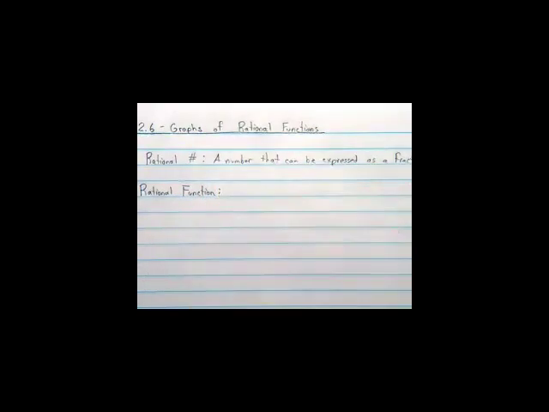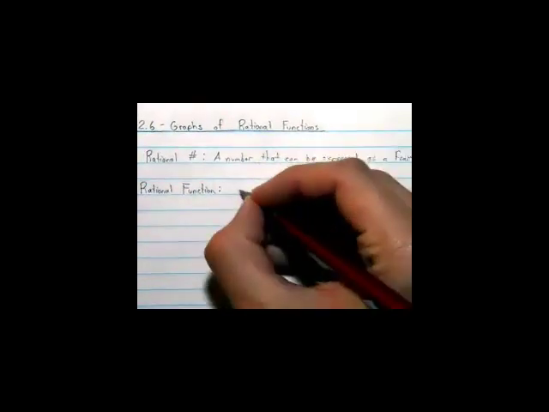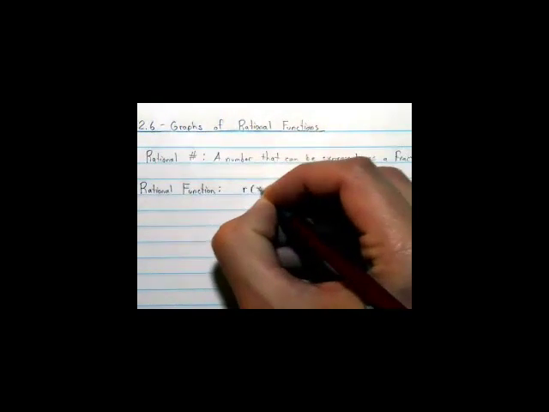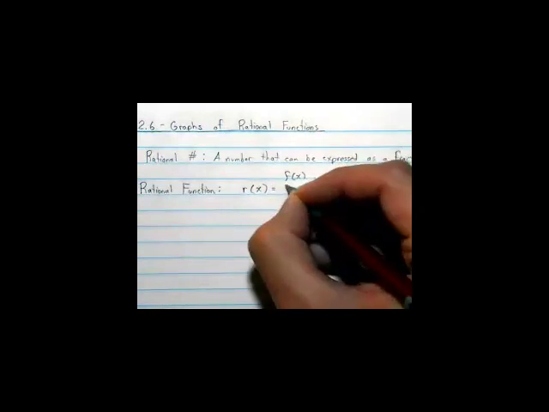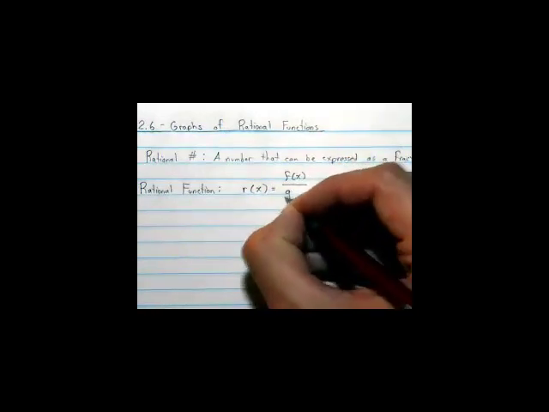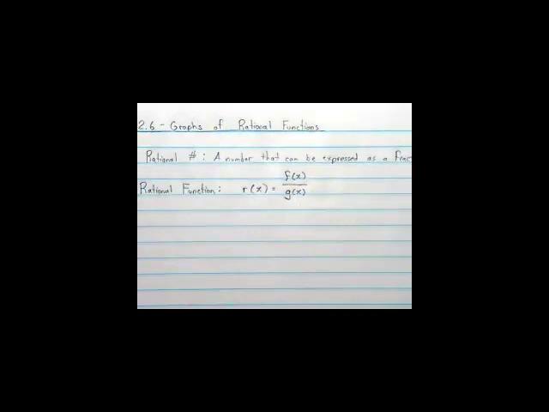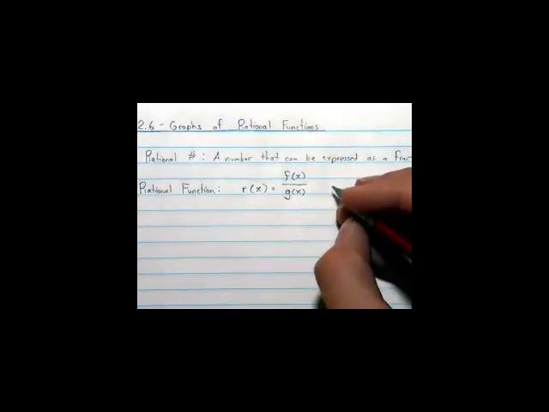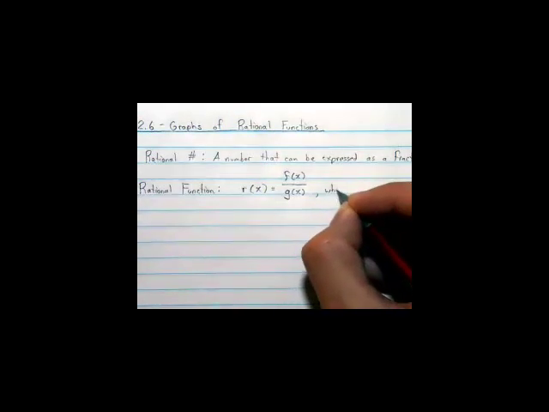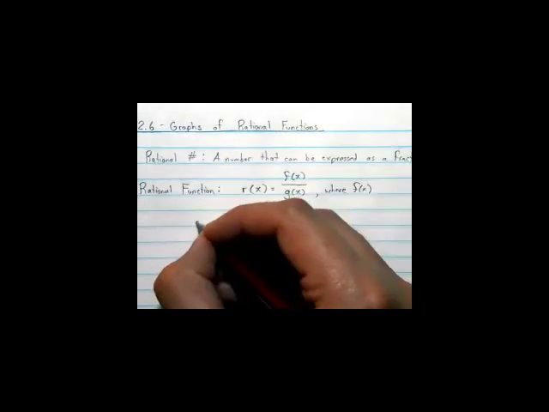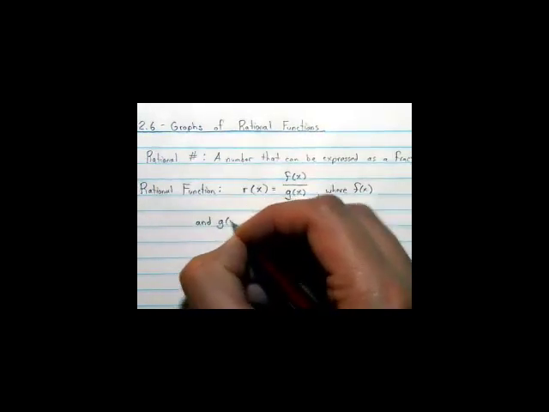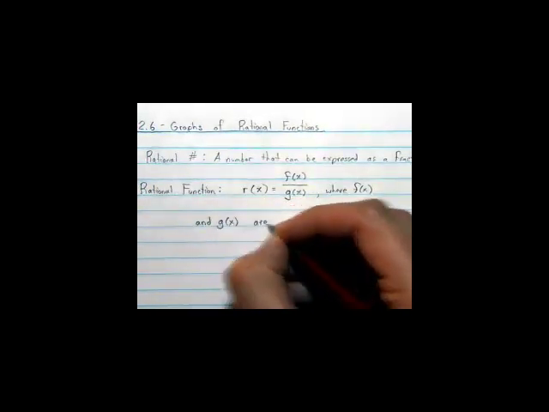And the way that it's set up is, if we call it r of x for rational, it's equal to a function, call it f of x, divided by another function, call it g of x, where f of x and g of x are polynomials.